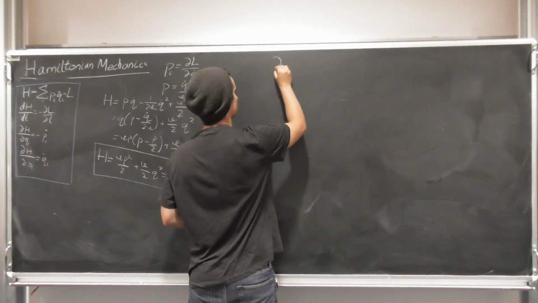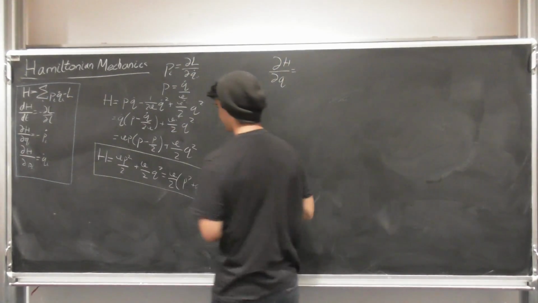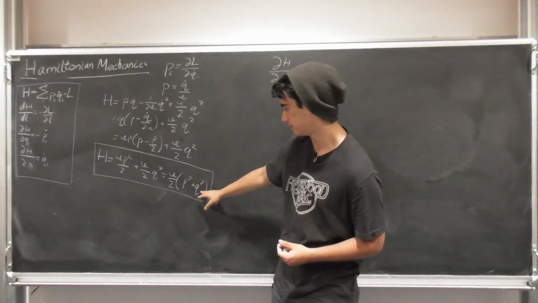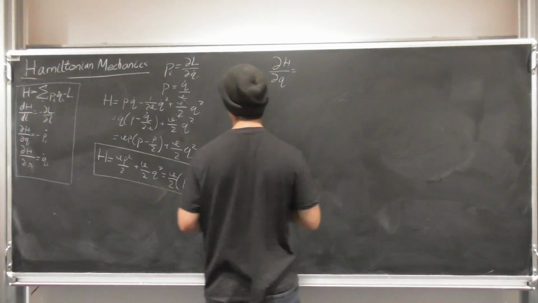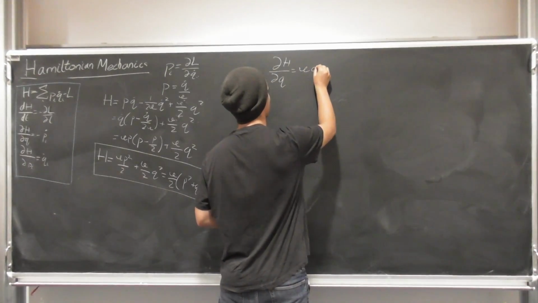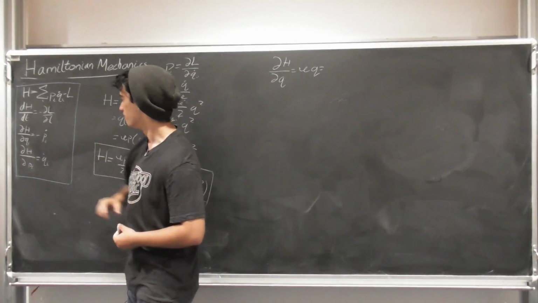We'll get that partial H, partial q will be, okay, so we only have to deal with this part here. We'll bring the 2 down, and we'll get omega times q, and we know that this is going to be equal to minus p dot.